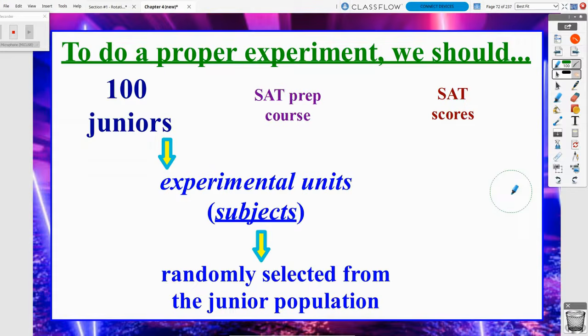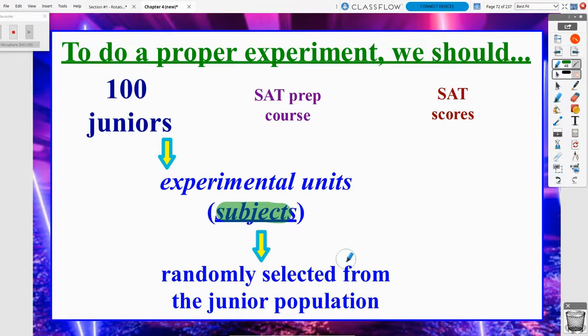And if we have people as our experimental units, we would then call them our subjects. So subjects are human experimental units. But we don't always have to do experiments on people. We could do experiments on plants or animals or anything, really. And so just in general, experimental units are who or what you're going to do an experiment with.